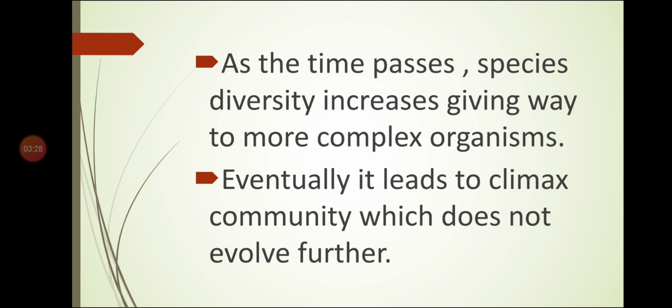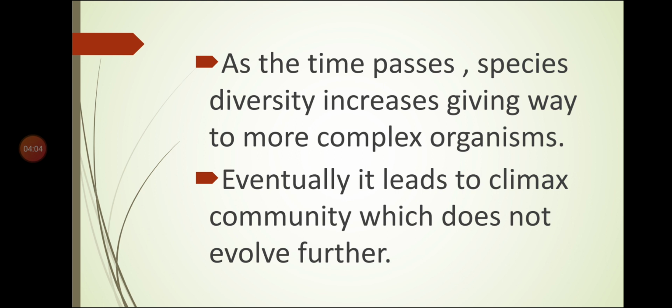Eventually it leads to a climax community, which does not evolve further. Initially pioneer species, then diversity in the organisms, and at the last it leads to climax community. Once the climax community is reached, it will not change further. There will be no further evolution.